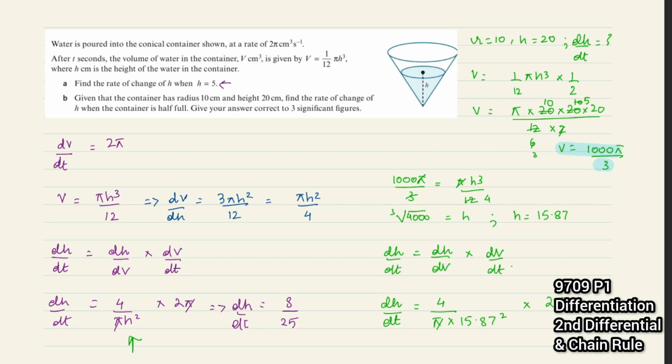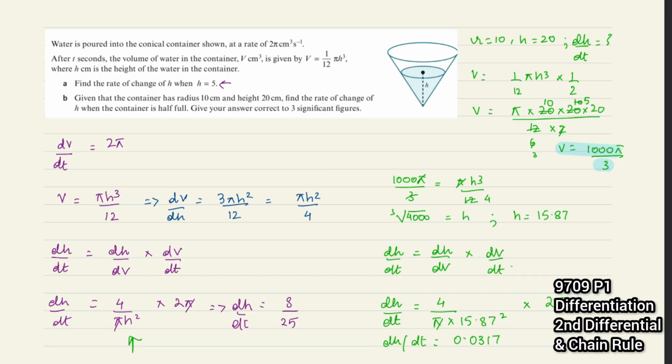So this is 8 divided by 15.87 squared, which is 0.03317. That is the rate of change of h when this is half full.